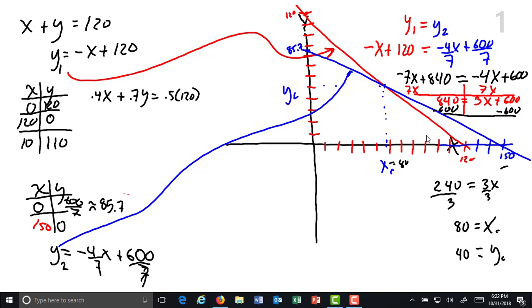Somebody read 27 for me. Steve Watnick wishes to mix coffee worth $6 per pound with coffee worth $3 per pound to get 90 pounds of a mixture worth $4 per pound. How many pounds of the $6 and the $3 coffee do you need?